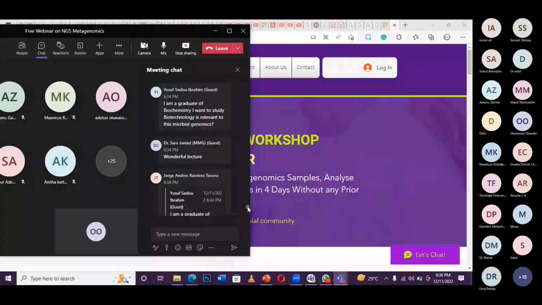So I would try to advise you. You have to make your decision: either you focus on probiotic as an individual organism, or you go with metagenomics.